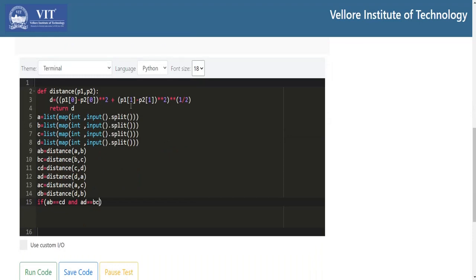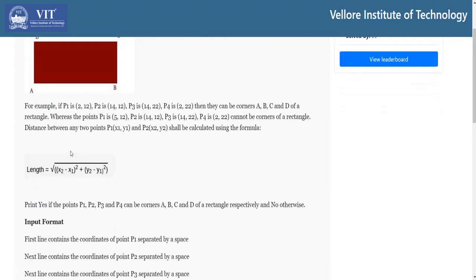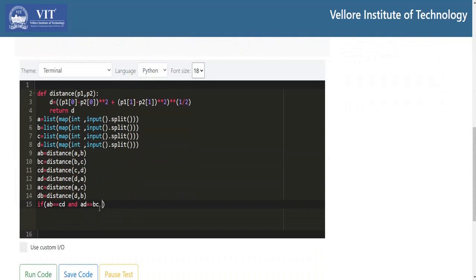Here I'm checking whether the opposite sides are equal or not, and the second point is to check whether the lengths of the diagonals are equal or not, AC equal to BD. If all these conditions give true, then print yes, otherwise print no.